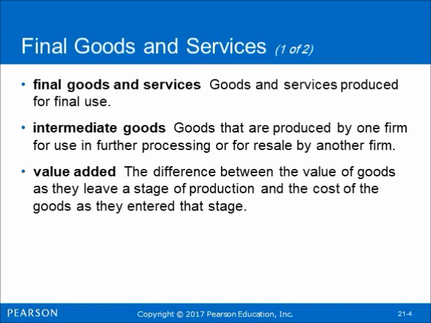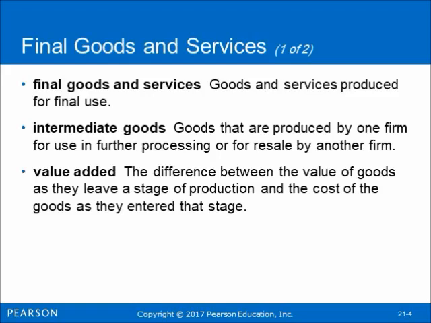What are final goods and services? These are goods and services produced for final use. What are intermediate goods? These are goods that are produced by one firm for use in further processing or for resale by another firm.